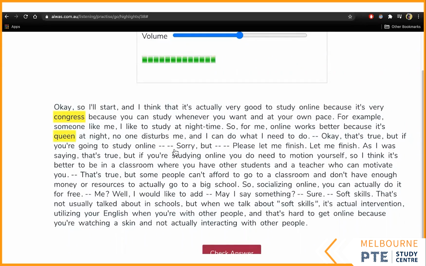As I was saying, that's true, but if you're studying online, you do need to motivate yourself. Motivate. Motion. Where you have other students and a teacher who can motivate you. That's true, but some people can't afford to go in a classroom and don't have enough money or resources to actually go to school. So studying online, you can actually do it for free.